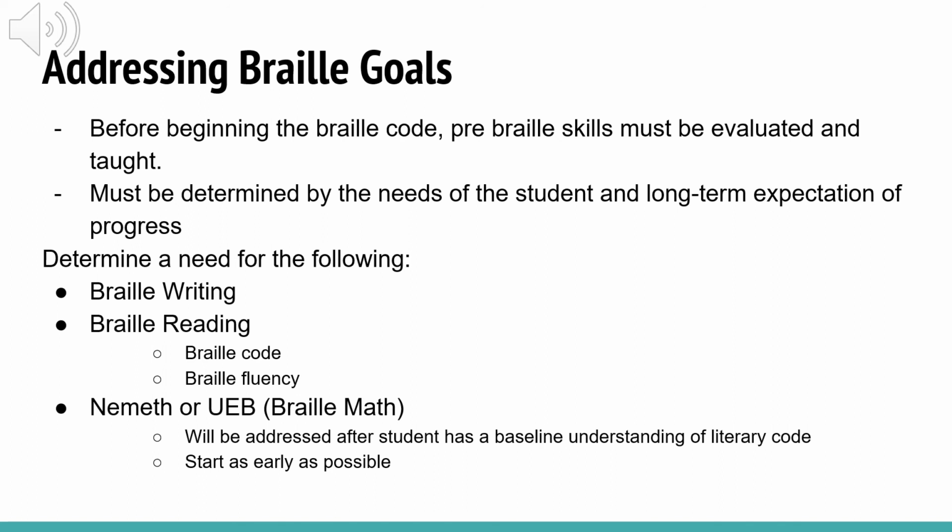You will also determine a need for the following: Braille writing, Braille reading, whether they are learning the Braille code and how fluent they are in reading, whether they will learn Nemeth or UEB. Will it be addressed after the student has a baseline understanding of the literacy code? And start this as early as possible.